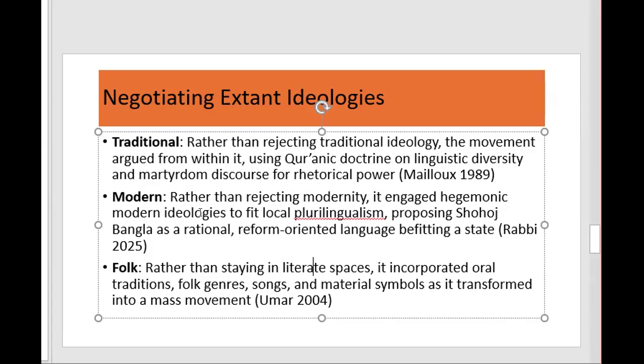And that made it extend beyond the discursive and beyond the language of the intellectuals and the writing systems.